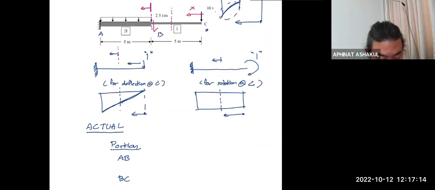For portion AB, my moment equation is going to be simply minus 10x, right? Very simple. And the range is going to be from 0 to 5.